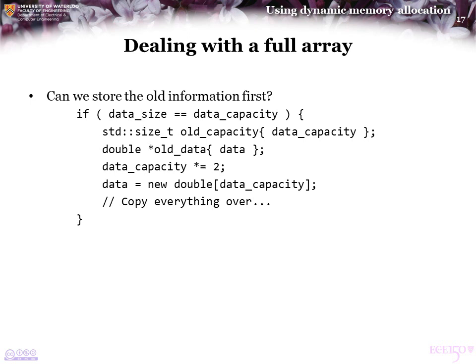So that means that old data will also have the address of the array that we have previously allocated. Only then can we double the capacity and assign data a new array of that new capacity.